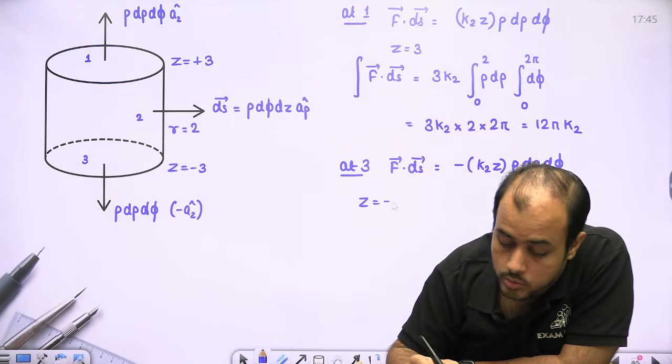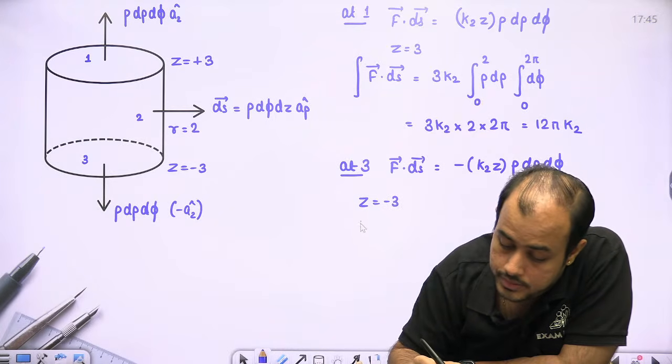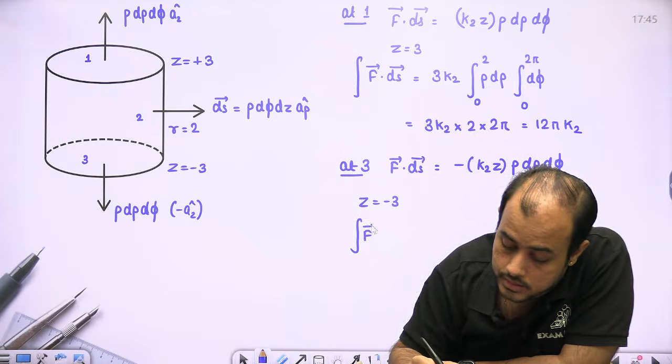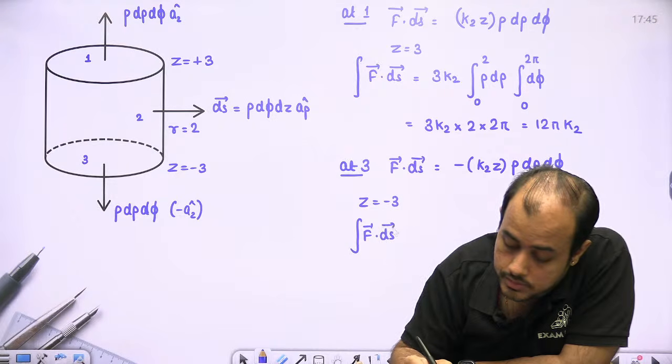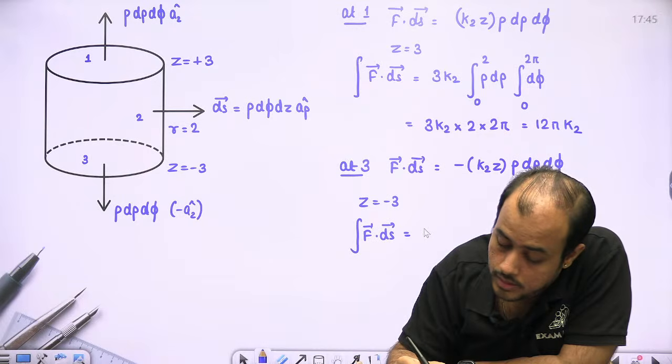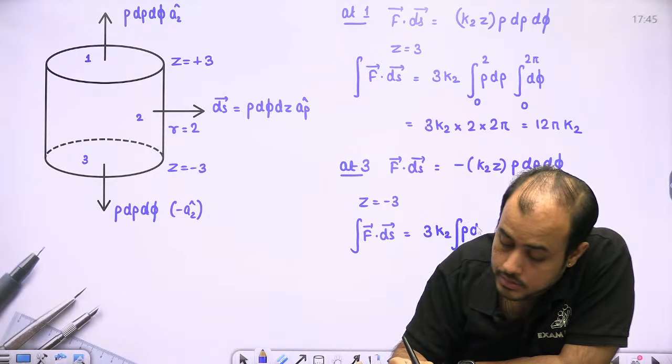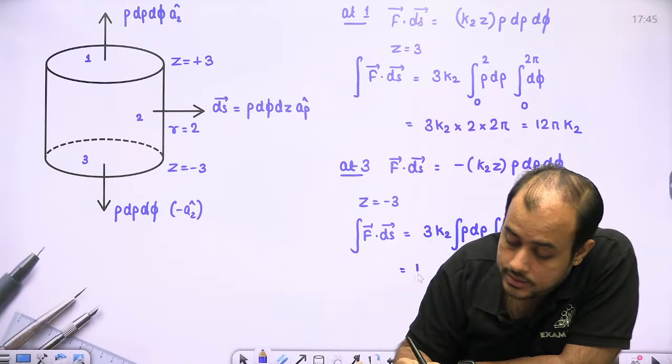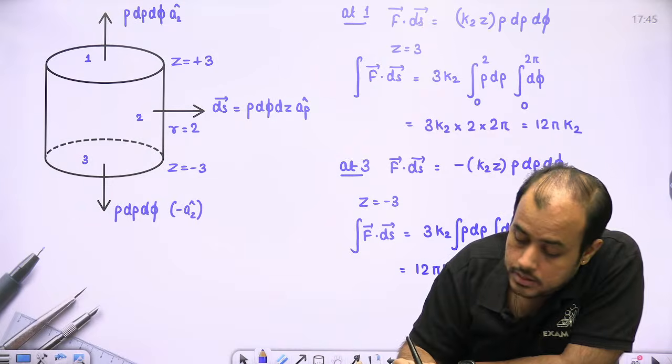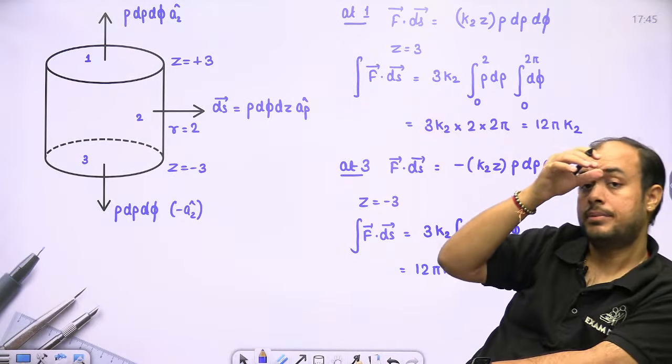Since Z equals minus 3, I will get the same result. Okay, same result.